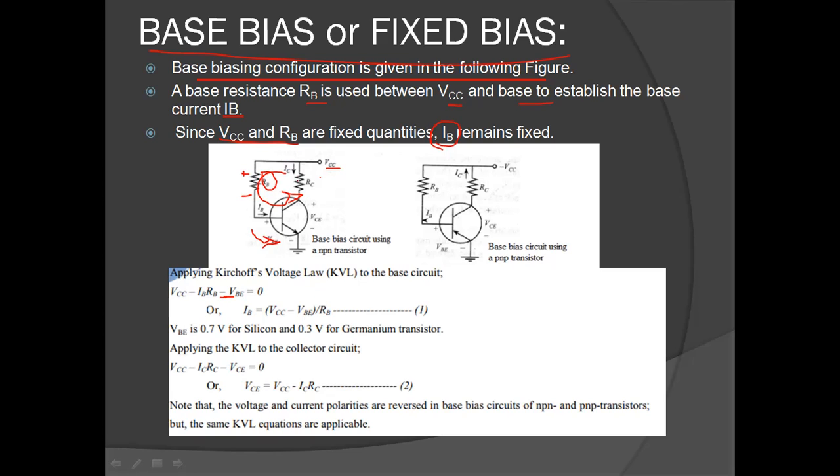So when you apply the KVL to this base circuit, what you get is VCC minus IB RB minus VBE. So this is VBE.